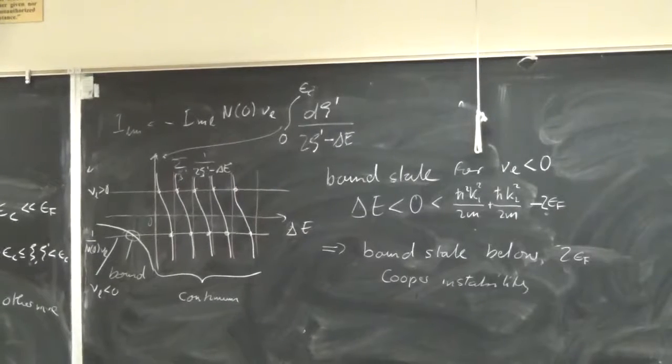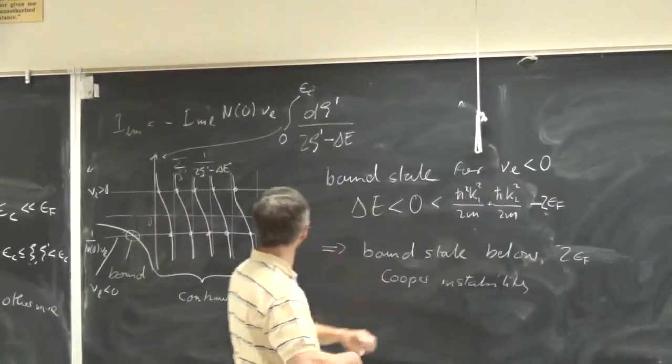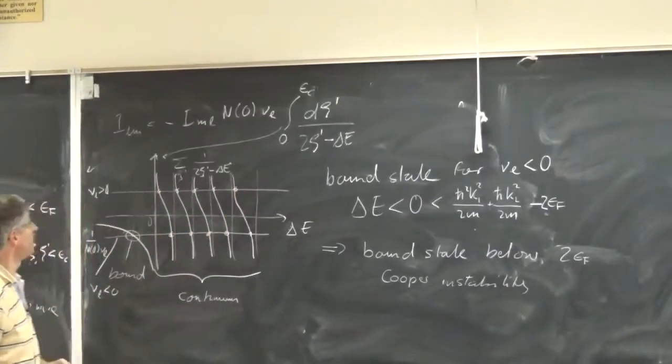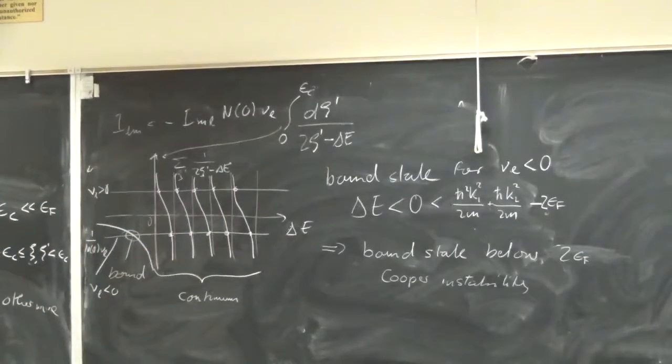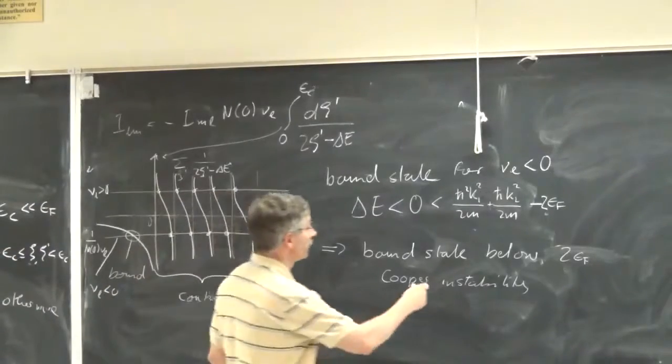So we get an energy smaller than just what we would expect adding 2 free particles to it. If it's repulsive, then this is not the case, then we have these particle states always above the energy of the, so above twice the Fermi energy.